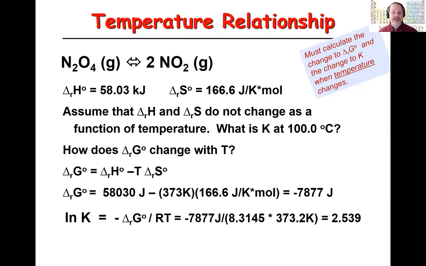Now I can go back and rearrange my Gibbs free energy and equilibrium expression here and plug in the temperature and our new delta G, and here's our R, and calculate a new equilibrium constant. Well, this is at least what ln of K equals, and then I take e to both sides and I get 12.66. So this is now a number that's greater than 1.